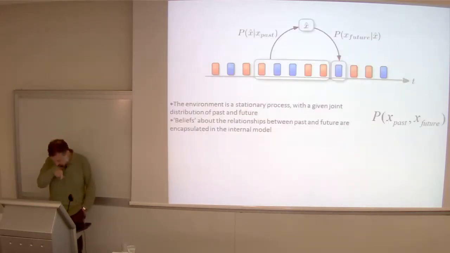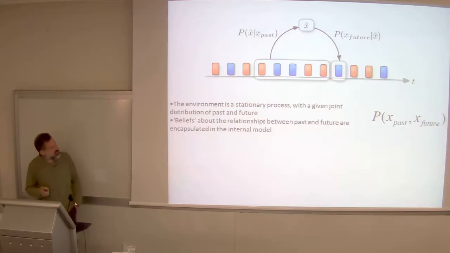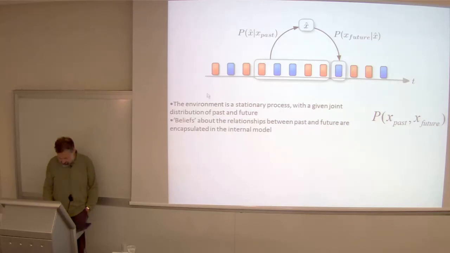So the nice thing about having people doing machine learning around is that this intuition can actually be put into numbers. The assumption is that the environment, the source of the stimuli, is a stationary process. That's not a problem. This is how we perform the experiment, with a given joint distribution of past and future. Again, that's not a problem. This is how we design the experiment.